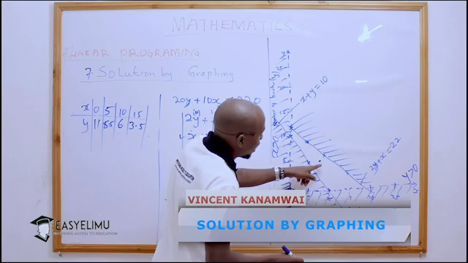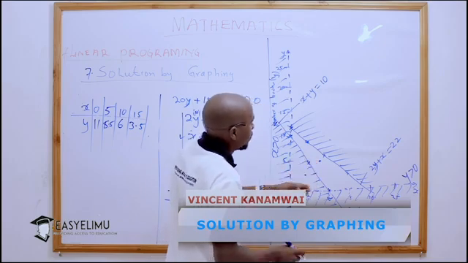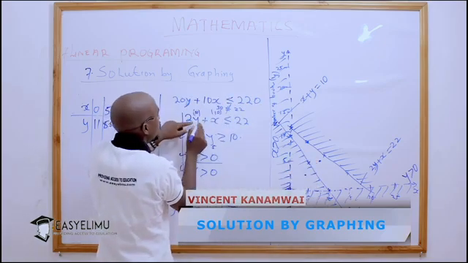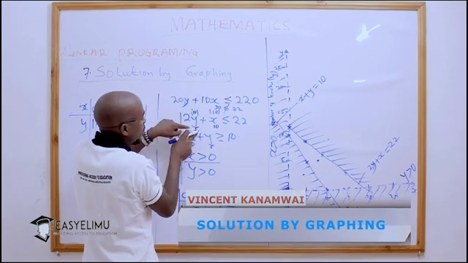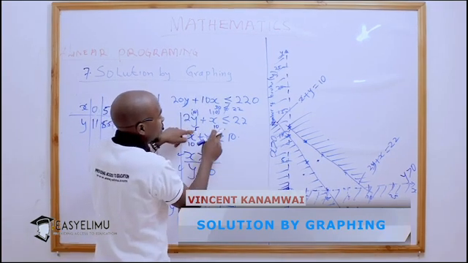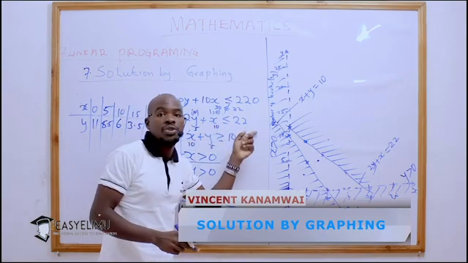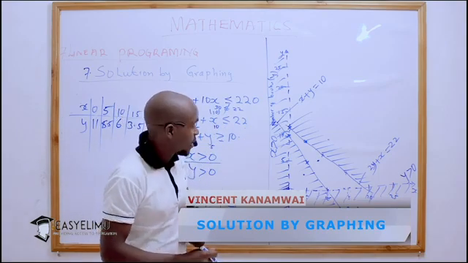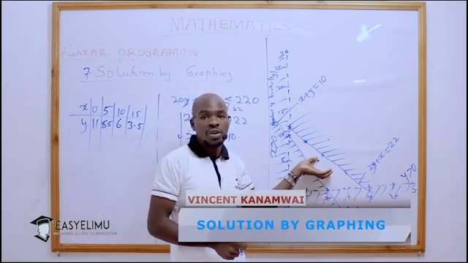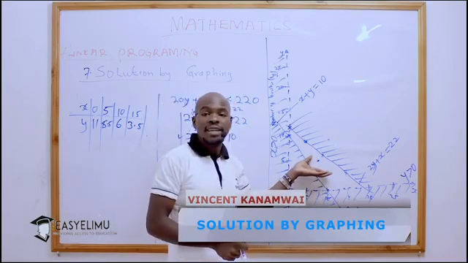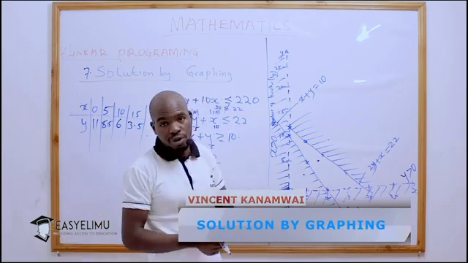And if you put 5 and 10 here, you will find 2 by 5 is 10, 10 plus 10 is 20, 20 is less than 22, meaning that point is satisfied. So any of the point which lies within the unshaded region satisfies our condition.